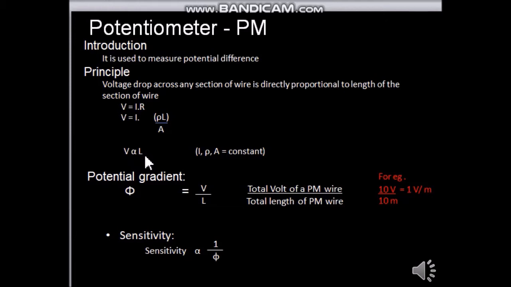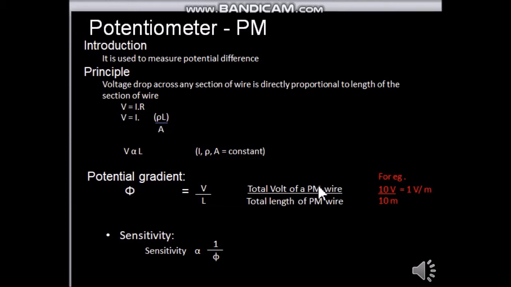Now two more terms we will discuss here of the potentiometer. First is potential gradient. It is denoted by phi, and potential gradient means total voltage of the potentiometer wire upon total length of the potentiometer wire. This total voltage is actually obtained with the help of one battery, the auxiliary battery. In the next sheet we are going to see the circuit.